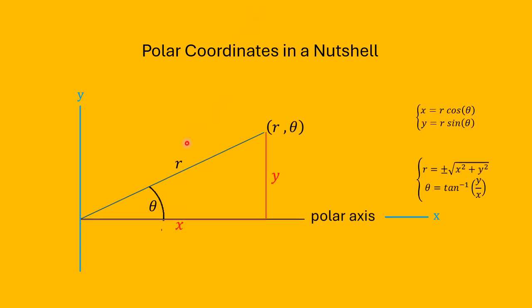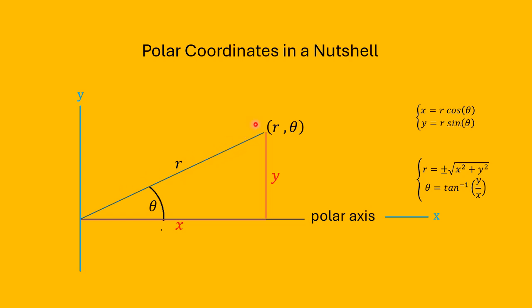In this setup, there are relationships between the coordinates r and theta in polar coordinates and the rectangular coordinates x and y. They are given over here. First of all, by looking at this right triangle, we drop a perpendicular down from the point r, theta to the x-axis, and let this distance be y, let this distance be x, and let this distance be r.